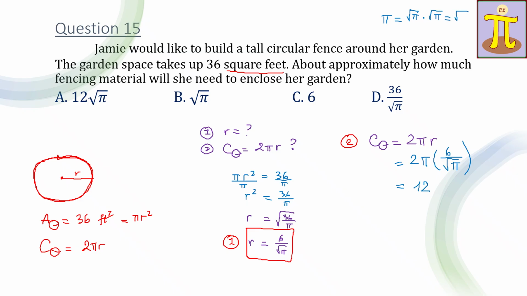This is square root of pi squared, and that's why it equals pi. Okay, so instead of writing pi, I write square root of pi times square root of pi, divided by square root of pi. Now you can cancel one of the square root of pi factors. You are left with square root of pi. So the final answer is 12 square root of pi. A is the correct one.